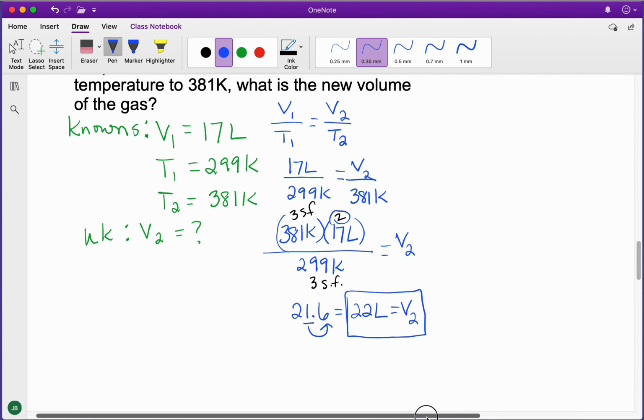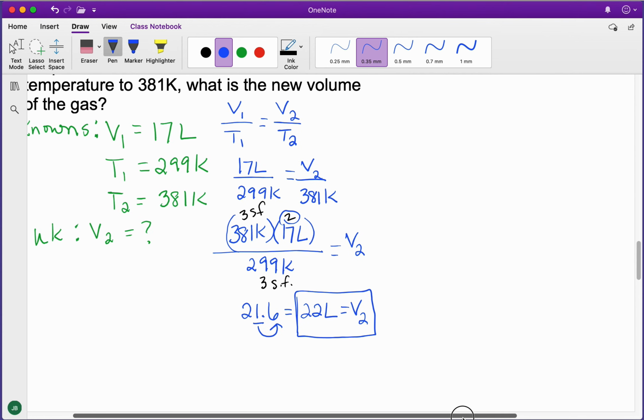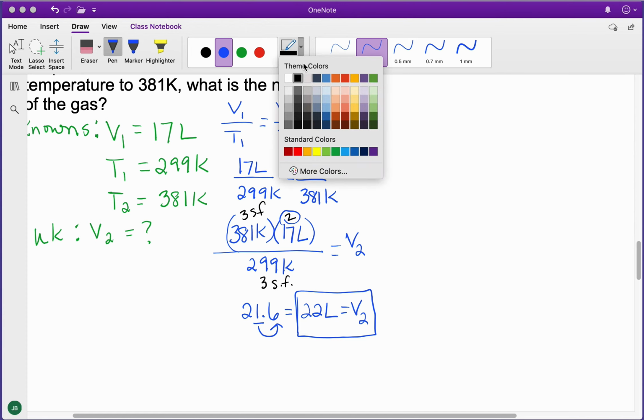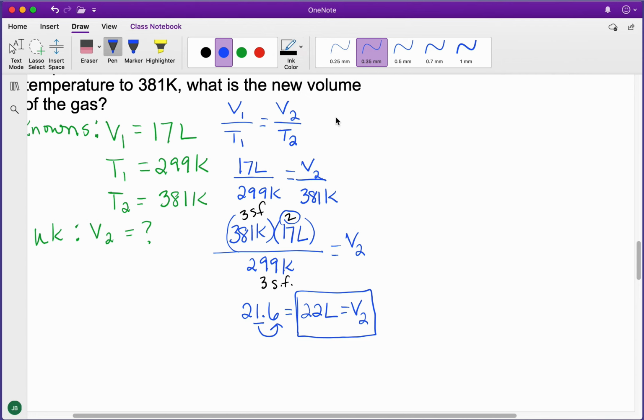All right, so let me scroll this over just a bit more, and let me go ahead and work the problem again. And this time, let's find a nice color here, and let's work it using the other formula. So the other formula is volume 1 times temperature 2. So notice that it's different ones.